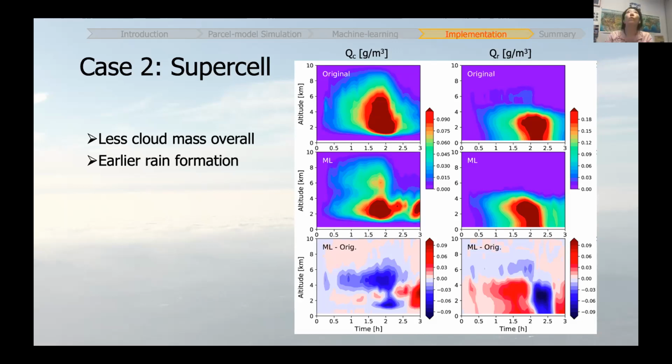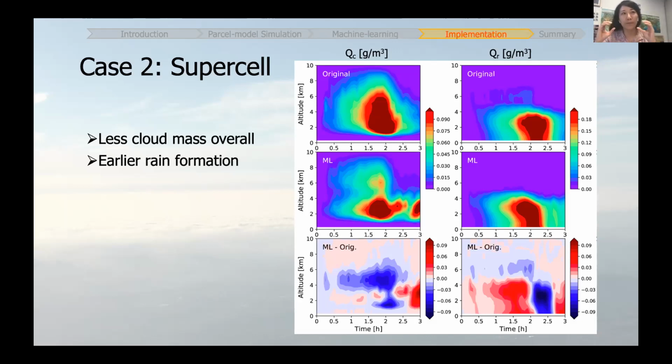I think there are several theories why those parameterizations in the top row produce rain later or less than what it's actually supposed to be, because small turbulences in the air parcel can actually enhance collision between small cloud droplets, but that is often not well reproduced in lab experiments.